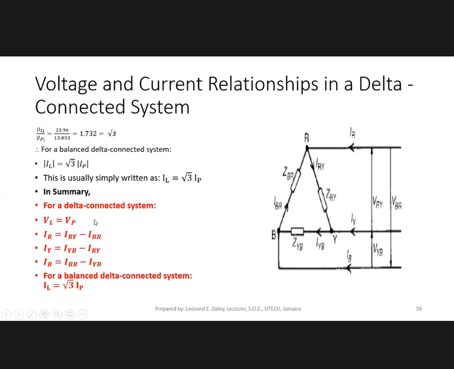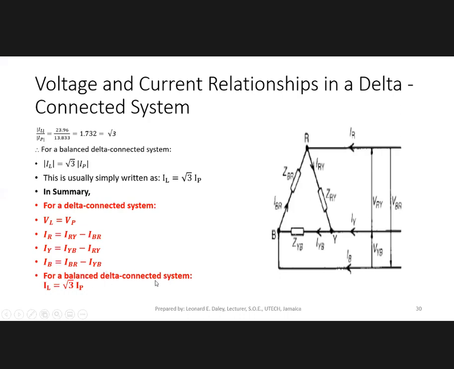All right, so a little bit of summary here, covering all that we have looked at so far with the delta system. For a delta connected system, VL is equal to V phase, and IR from this diagram is equal to IRY minus IBR, IYB minus IRY, and IBR minus IYB.